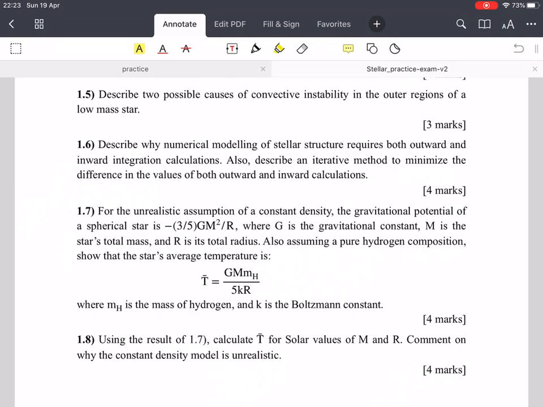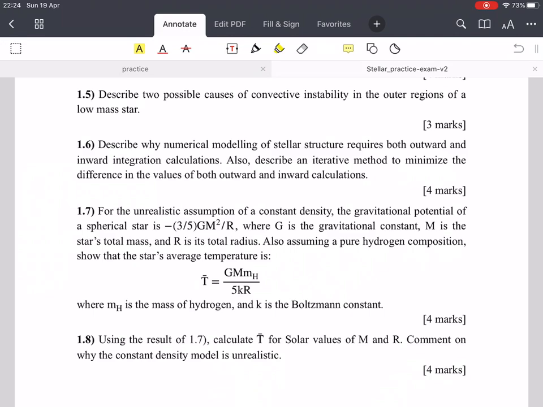So 1.7 is asking us to think of an unrealistic case where we have a constant density for a star. We know that stars actually are much more dense in their core, and then as you get further out to the surface, they become much less dense. But of course, things are much more mathematically simple if you just make a simplification that it's a constant density.